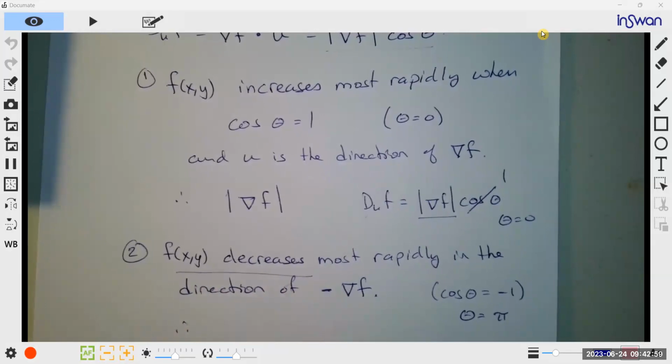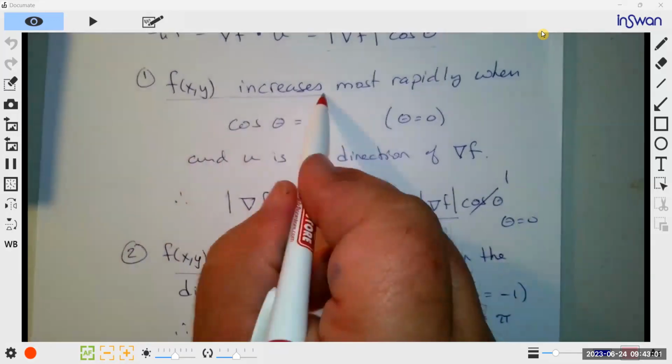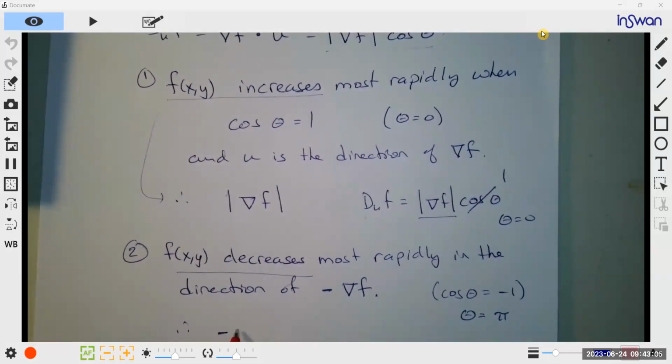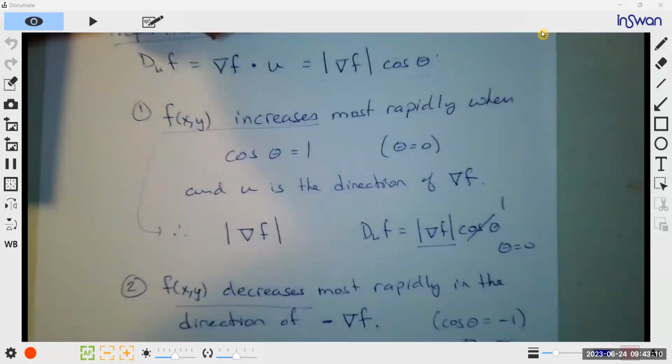So it increases fastest there and decreases fastest here.